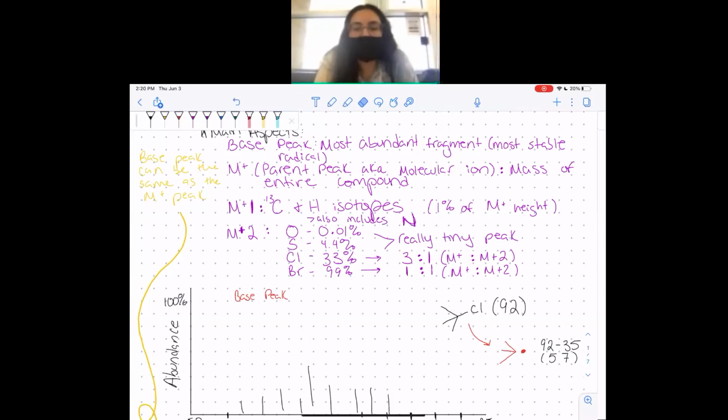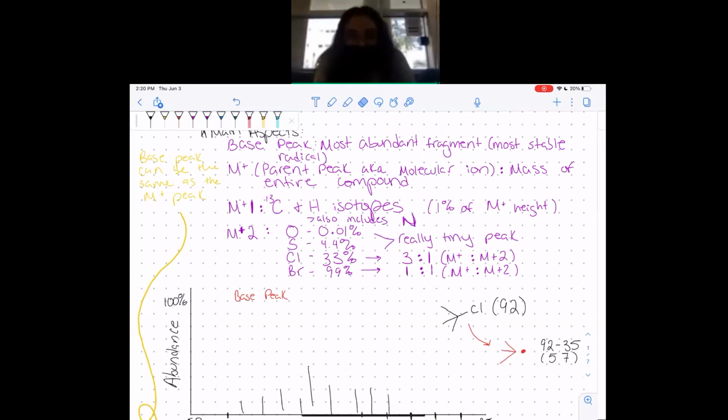And this is because there's approximately 1% of carbon-13 in nature. So there's going to be approximately 1% abundance of carbon-13 in every sample that you have. So therefore, every single compound will have a tiny M plus 1 peak.